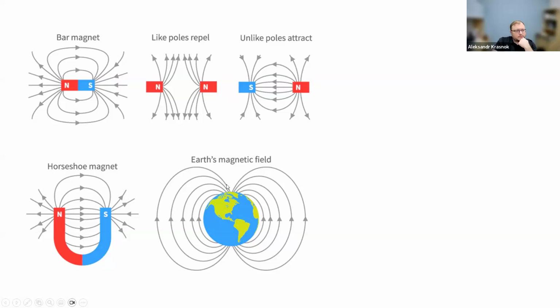But if you notice, at the North Pole the magnetic lines actually come to this pole, right? It means that this is kind of a south magnetic pole. So the fun fact is that the north geographic pole is the south magnetic pole and vice versa. South geographic is north magnetic.